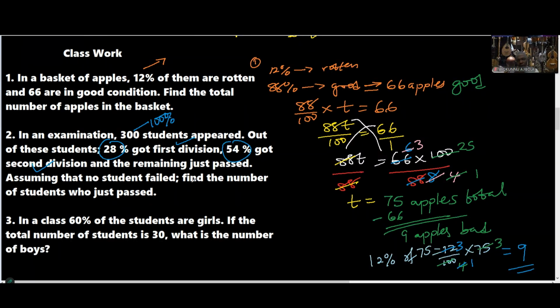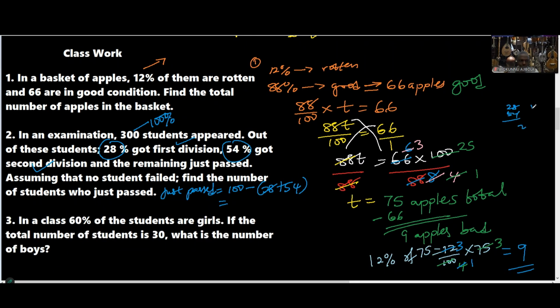So we now have 28 plus 54. Take it away from 100. So the percentage that just passed will be what? 100% minus the 28 and 54. So let's add 28 and 54. 28, 54.